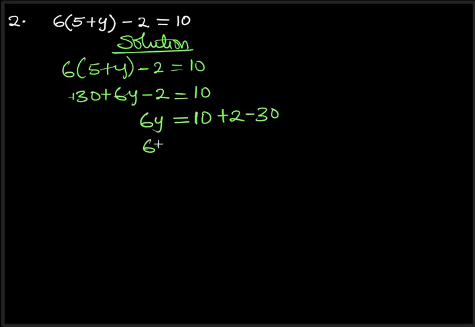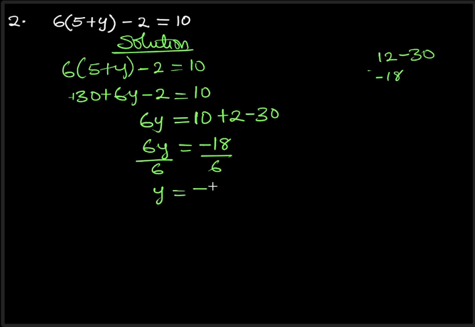So 6y equals 10 plus 2, that gives us 12. Then 12 minus 30 equals minus 18. Take note, minus 18, that's directed numbers. So we divide both sides by 6, and then y will be equal to minus 3.